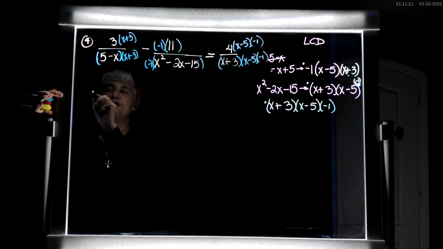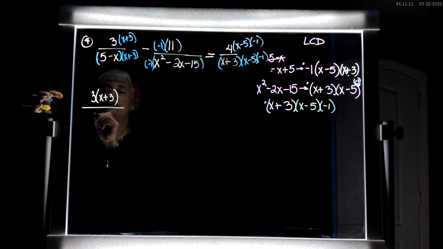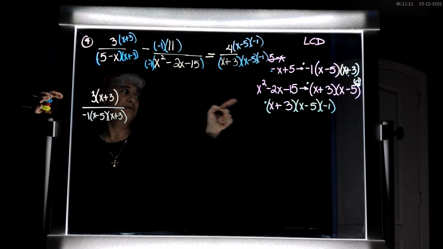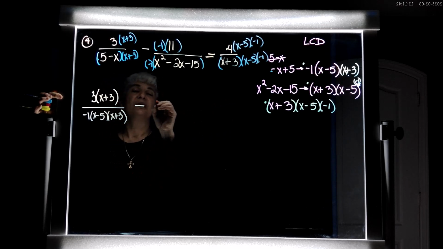First numerator, 3 times the quantity x plus 3, all over, and I'm going to write the common denominator in this format because that's how we wrote them over there. Minus. I have a negative 11 up top, don't I? Can you see what's going to happen?